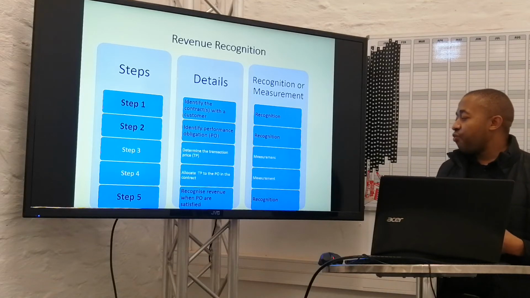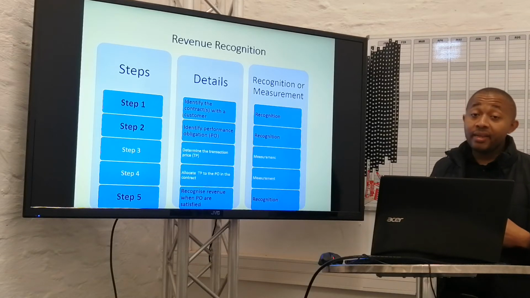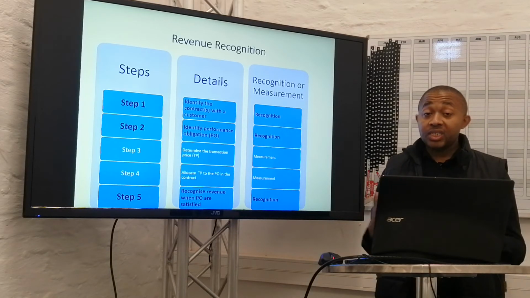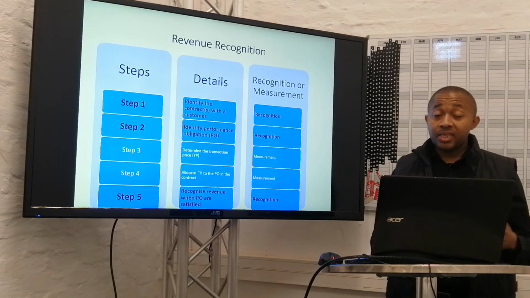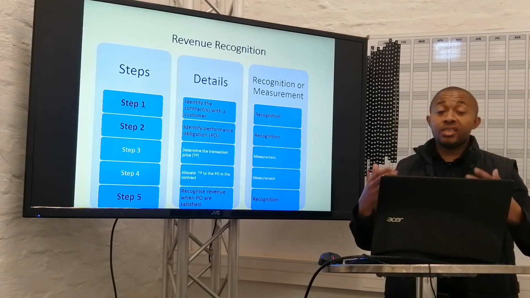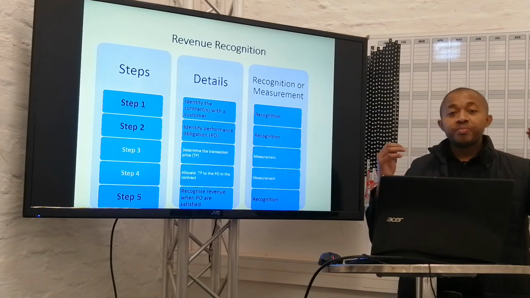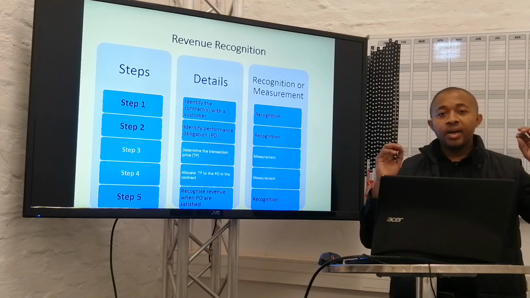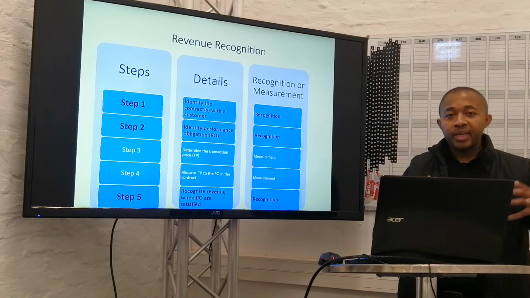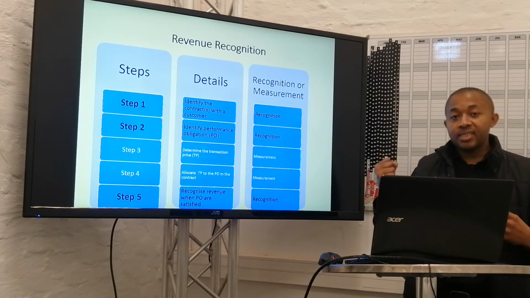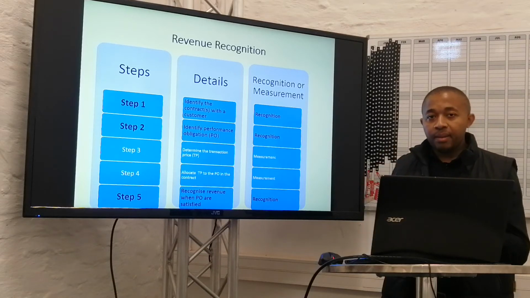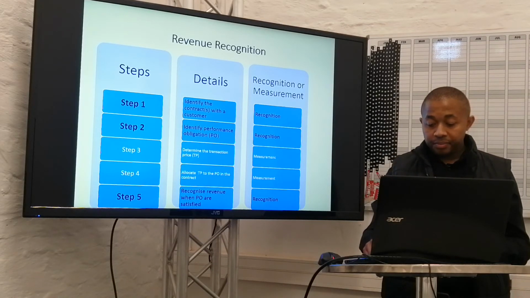Step 3 and step 4 assist us in the measurement of revenue. So how do we measure revenue? By determining the transaction price and then allocating the transaction price to the performance obligations using standalone prices. Those steps assist us with the measurement element of revenue.